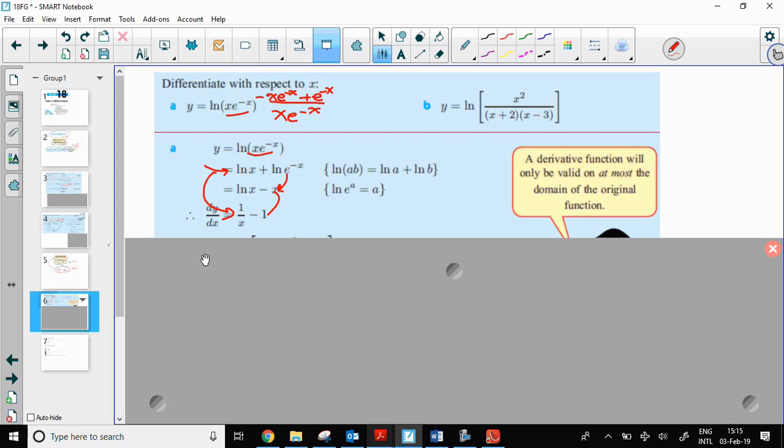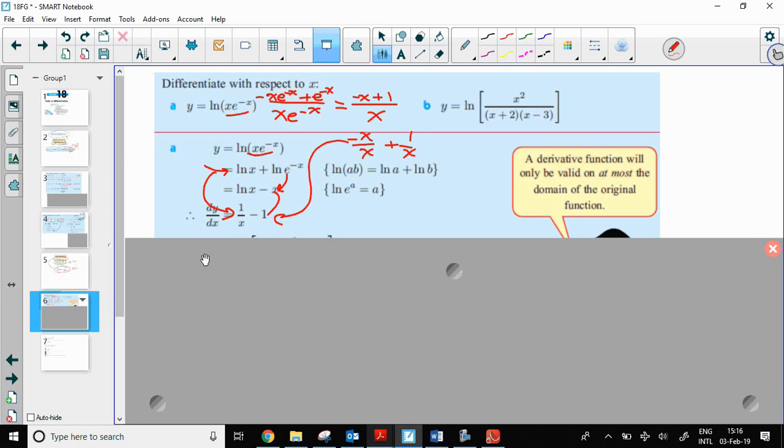We then notice that a whole bunch of things are going to cancel here. Every term has an e to the negative x, so that gives me negative x plus 1 divided by x. And we could rewrite that as negative x over x plus 1 over x, which is going to give us the exact same thing as that over there.